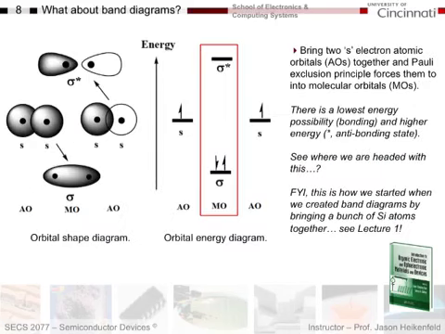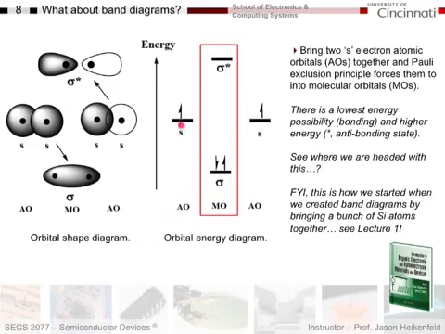So, let's say I bring two of these atoms together here with their orbitals. Okay? And the atomic orbitals are for the individual atoms, and here's the energy states. When I bring them together, because of Pauli exclusion principle, they have to shift, right? And so these shift, and what they give me is a bonding state and an anti-bonding state, which provides a molecular orbital.